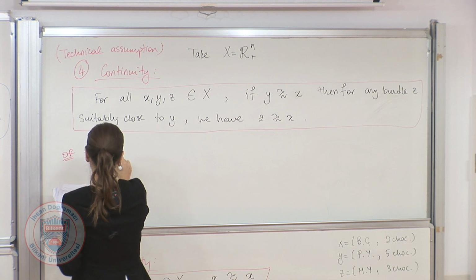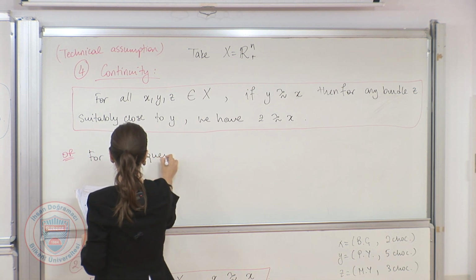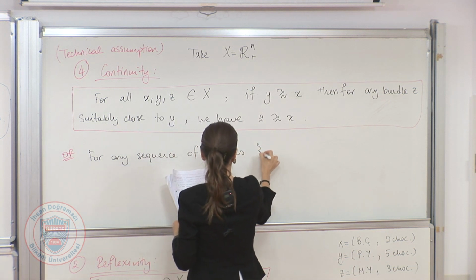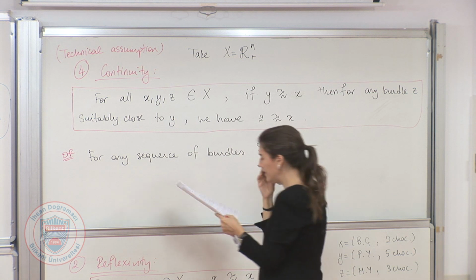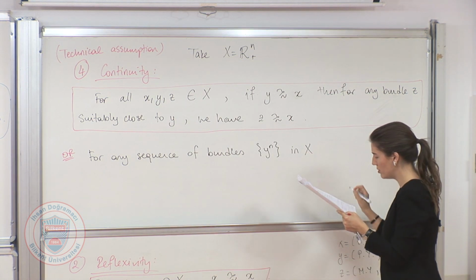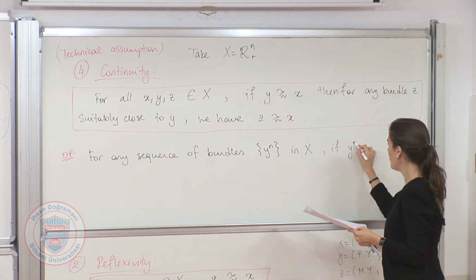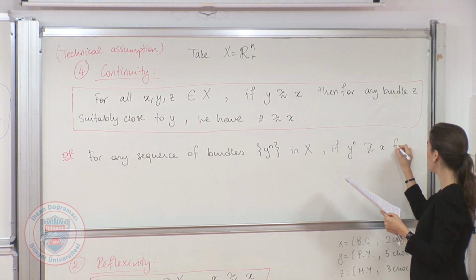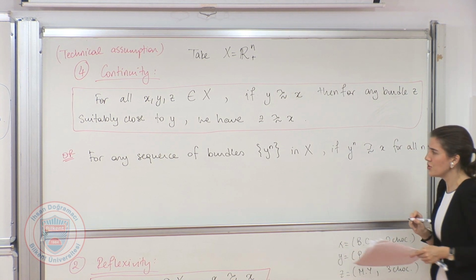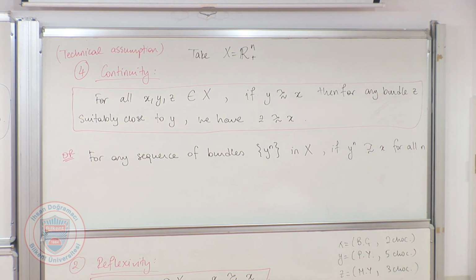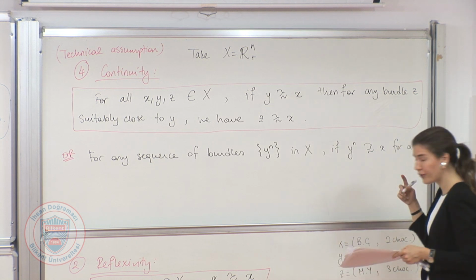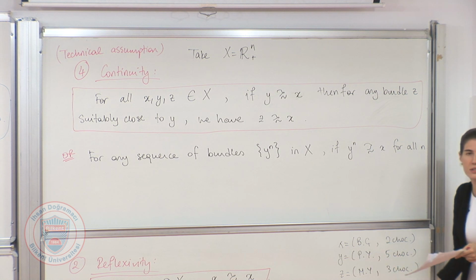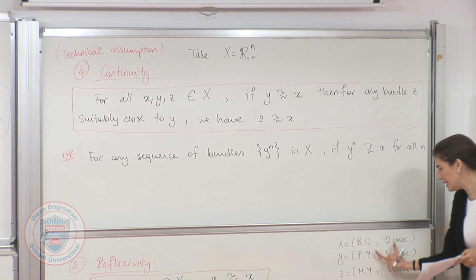For any sequence of bundles yn in X, suppose yn is at least as good as x for all n. So take a sequence of bundles. Don't forget that this sequence consists of bundles like this; for instance, if n is equal to 2, it's like this.